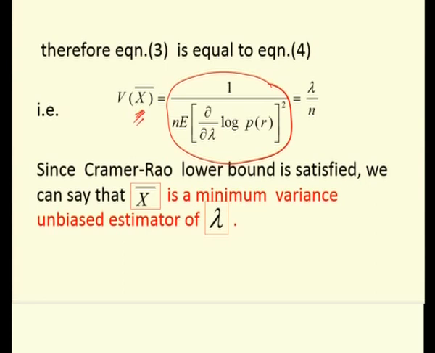Already I have shown that variance of x bar is lambda by n. So, lambda by n is equal to lambda by n, which means the Cramer-Rao lower bound is satisfied. Therefore, x bar is a minimum variance unbiased estimator of lambda, which proves your problem. So, remember that to show a minimum variance unbiased estimator, you must show the estimator is unbiased and that it is minimum.